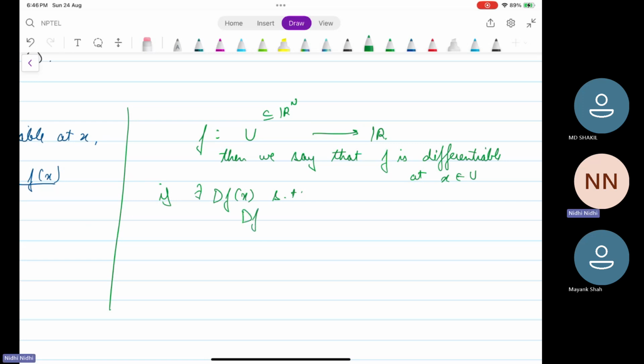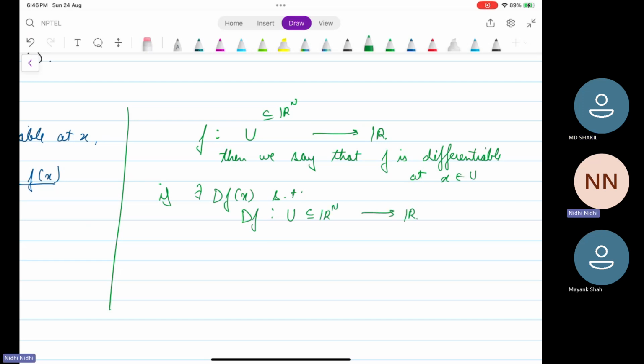Now the domain of df is the same as that of f, so this will be U in R^n.